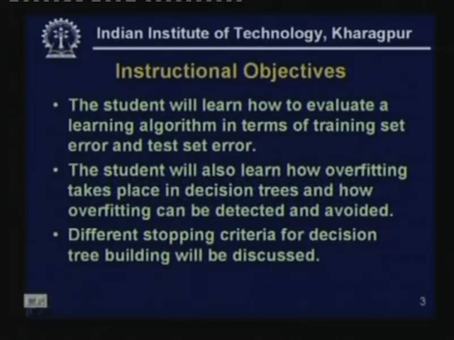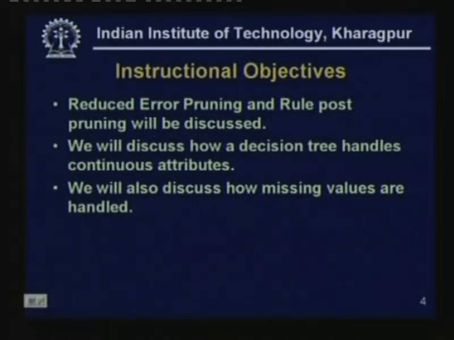We will talk about different stopping criteria for decision tree building. We will look at two different pruning techniques for pruning of the decision tree. First, we will look at reduced error pruning, and then we will look at rule post pruning.